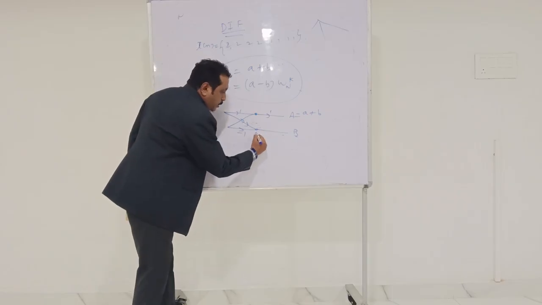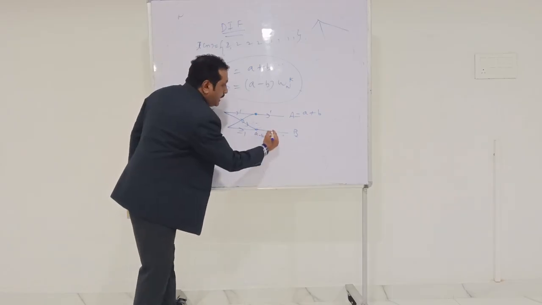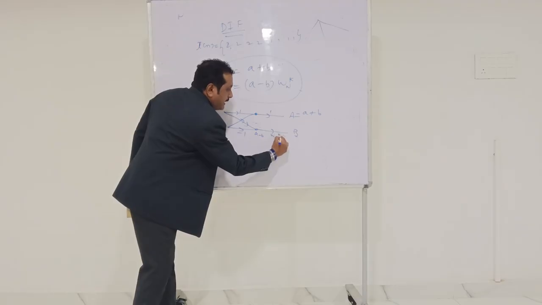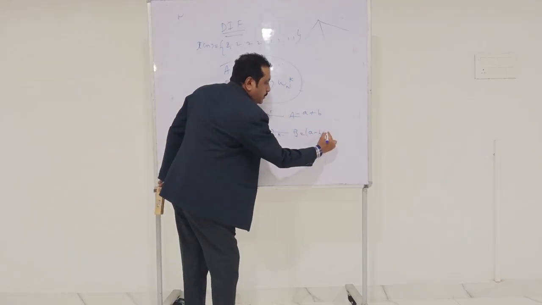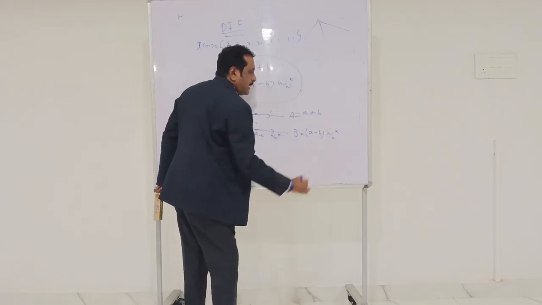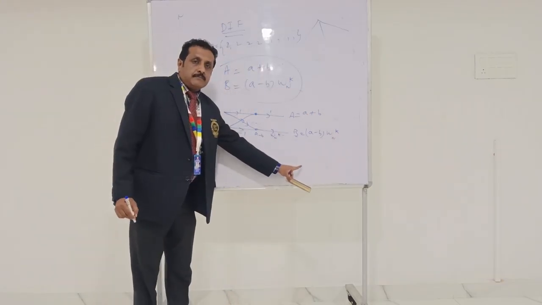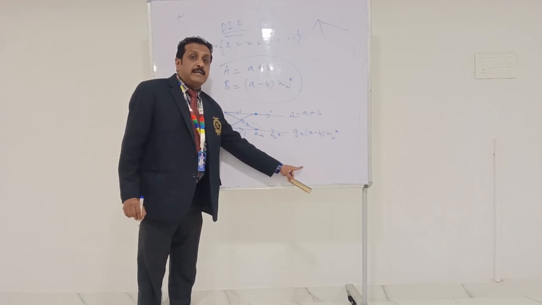After that you get A minus B, which will be multiplied with the twiddle factor W_N^k. So you will get A minus B into W_N^k. That is the basic flow graph for DIF.